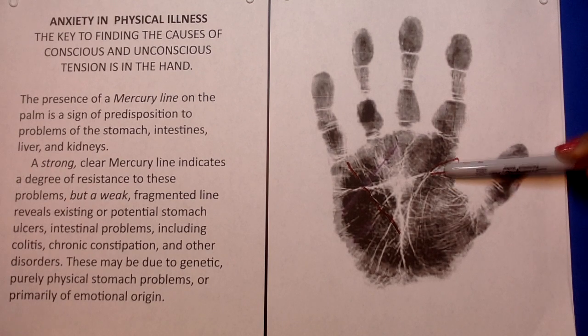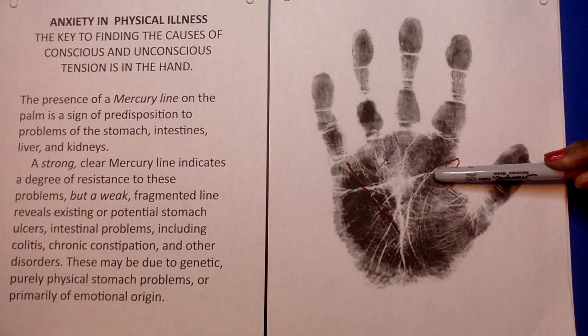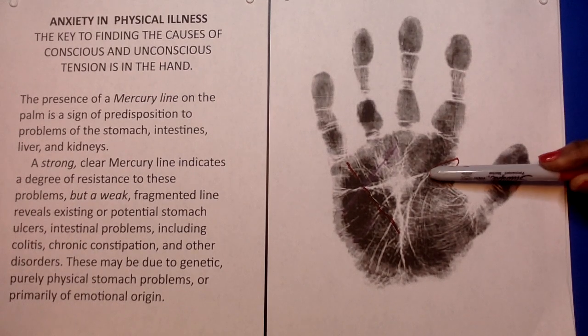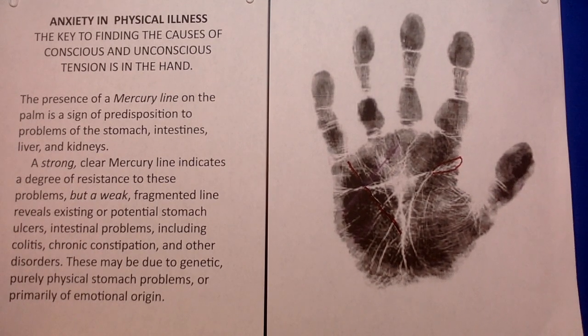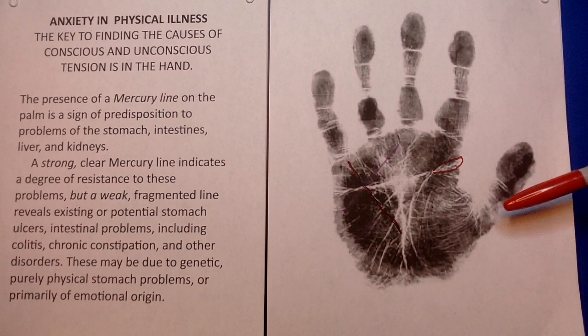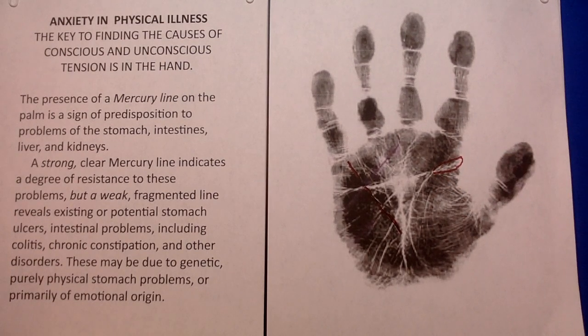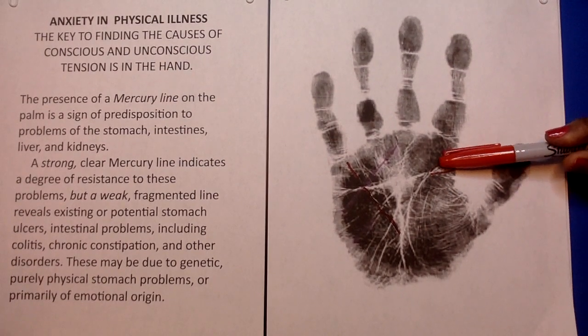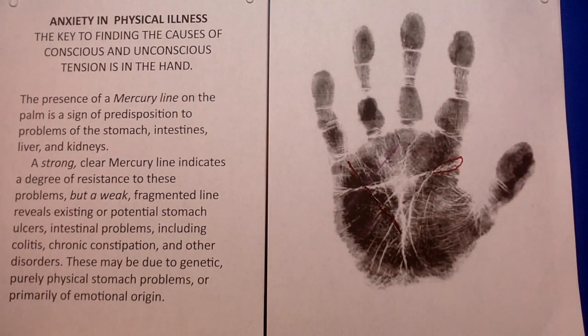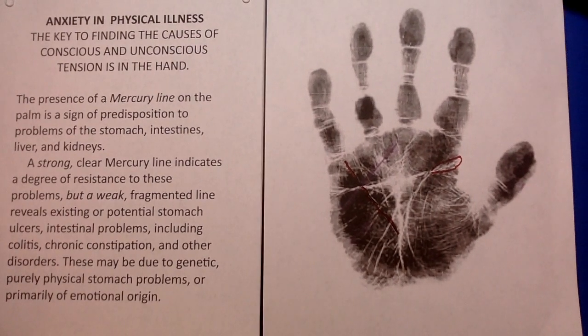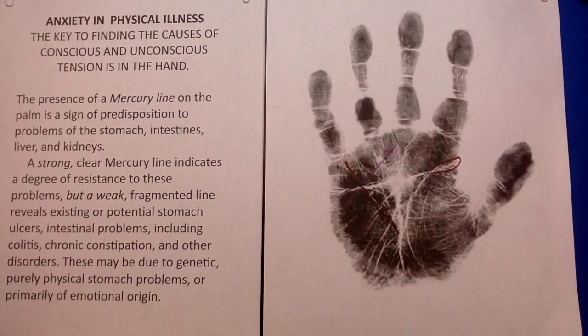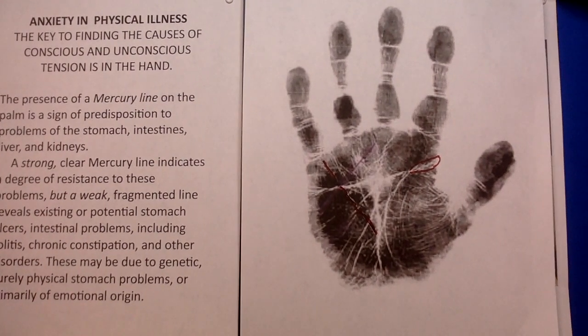And this one has a lot of energy that has been disrupted. There's not just a straight line. This line has bumps in it. It has islands in it. Okay, so that's another clue. Let's go on to the next one.